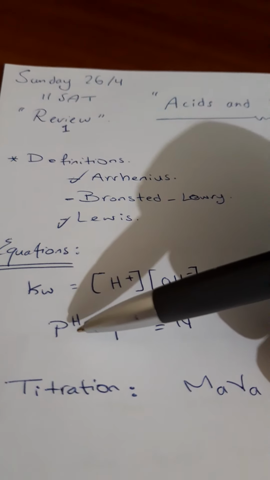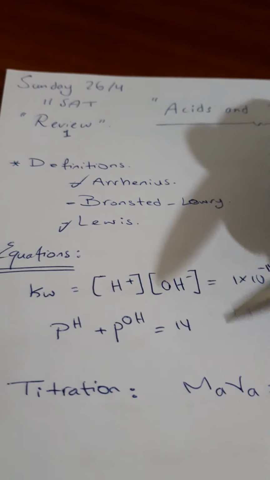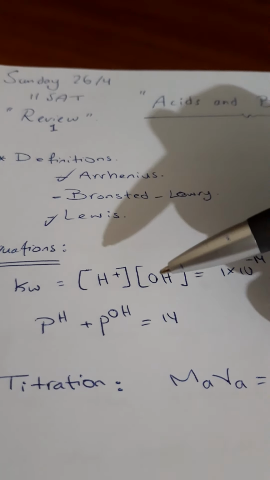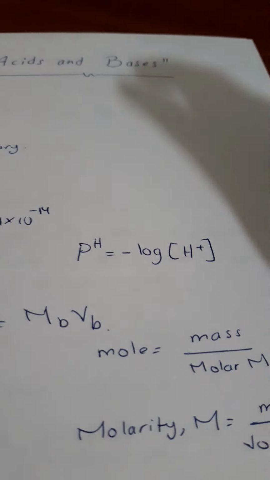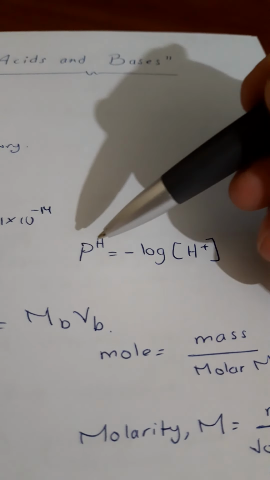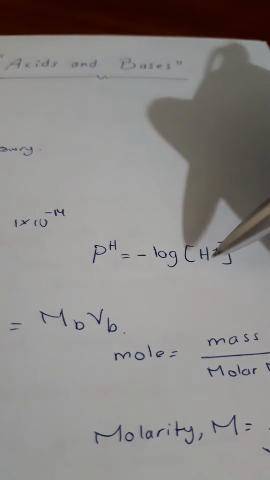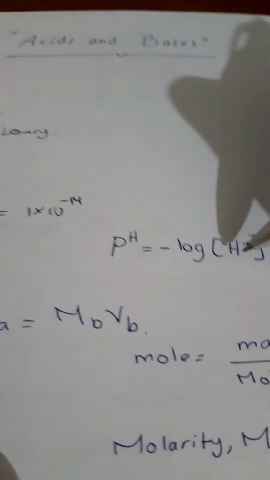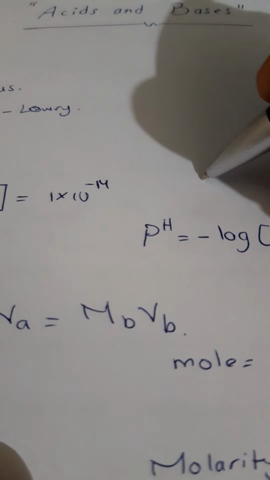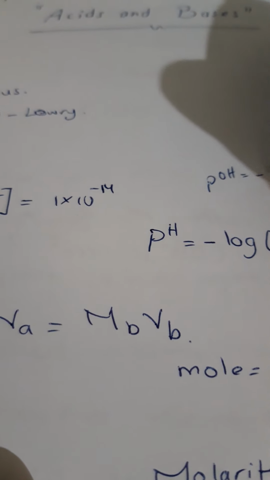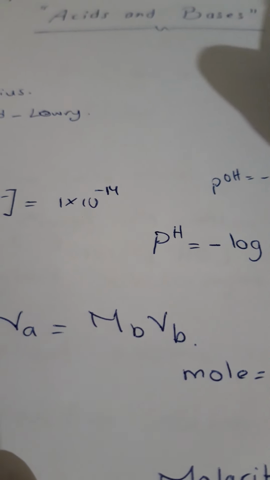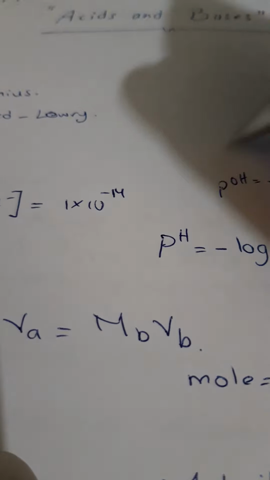We have this equation also, pH plus pOH equals 14. It might be the same if we use this formula. Be careful, pH equals negative logarithm of the concentration of hydrogen ions. You could also have pOH, which equals minus logarithm of the concentration of hydroxide ions.